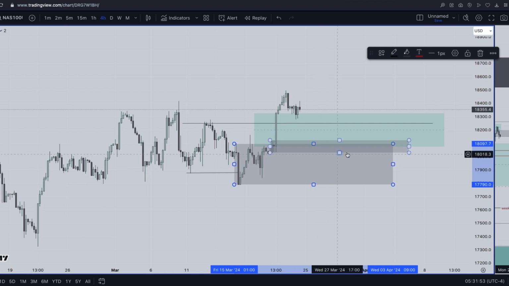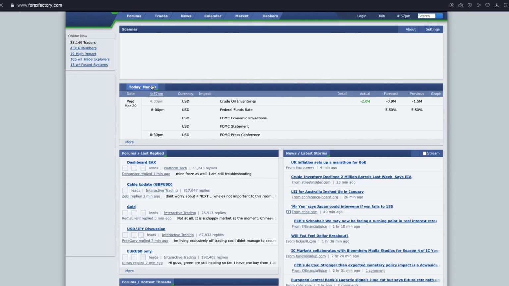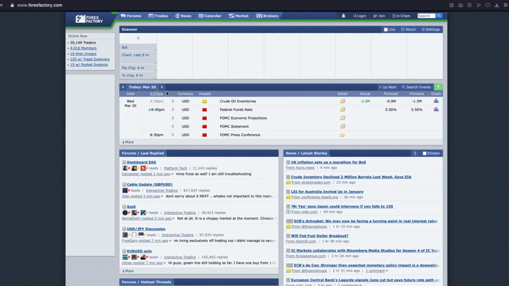I want to see which of these levels it's gonna respect. Will it start respecting this by giving me that 1 hour confirmation that I need, and on which day? And do we have a high impact news on that day? Let me actually check and see what we have on this Forex Factory.